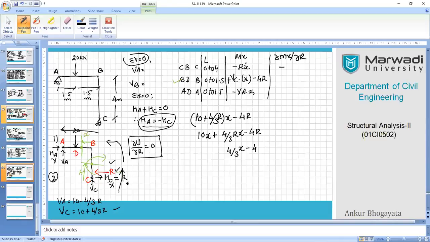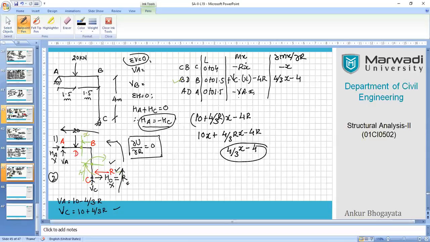That is your dmx upon dr, right? Because this term 10x doesn't contain any r value. So here this will be simply the x, because we have taken the partial derivative with respect to r, so minus x is there. And here it is 4 by 3 into x minus 4.